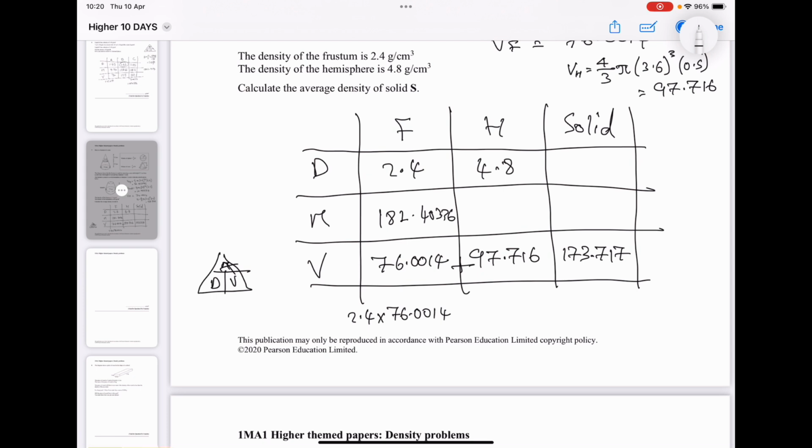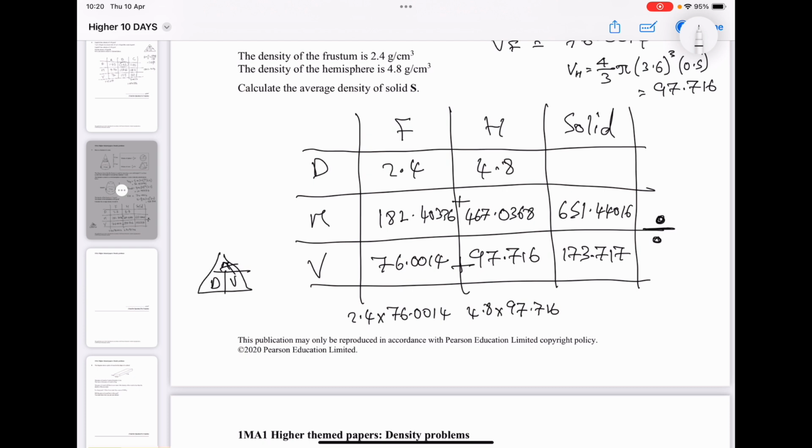182.40336. Then I've got 4.8 times by 97.716, 4.8, sorry, 4.8 times by 97.716, that gives me 469.0368, add those together, add 182.40336 equals 651.44016, and then mass divided by volume for the density, so I'm just going to put a divide in here.